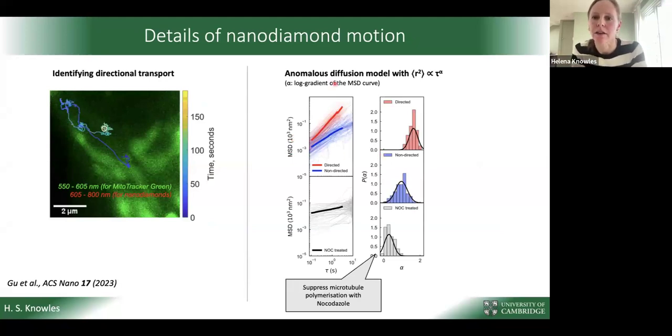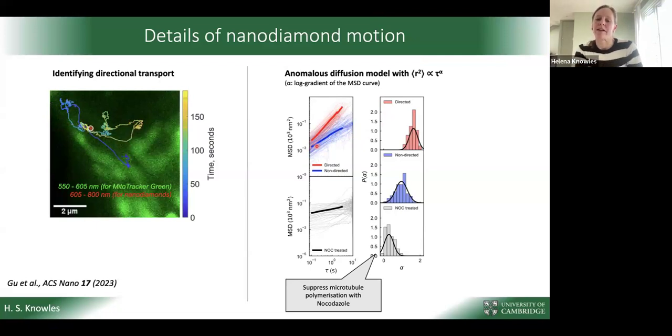So this is looking at the mean square displacement, with the log gradient of the mean square displacement, and we can plot that as a histogram, as you can see on the right here. And of course, there's a big difference between the directed and the non-directed parts of the path.